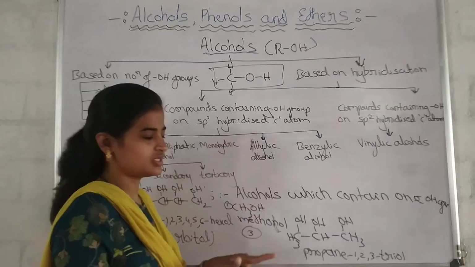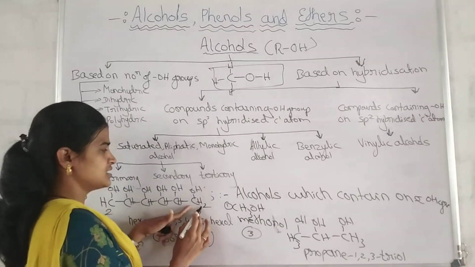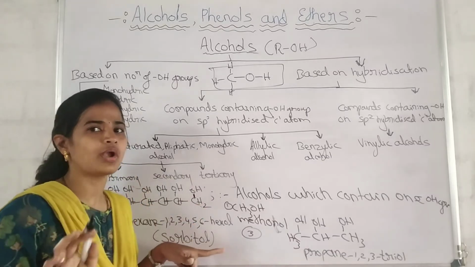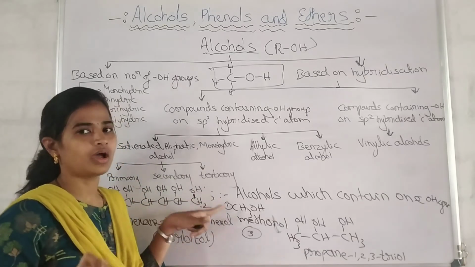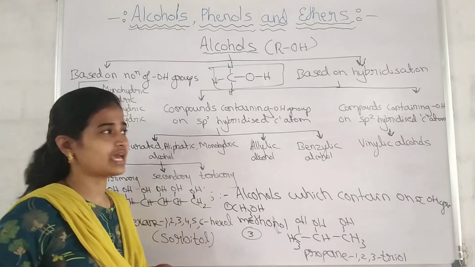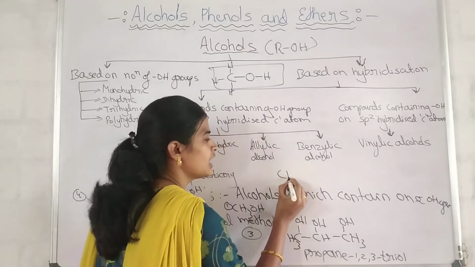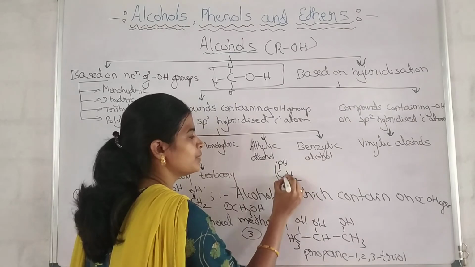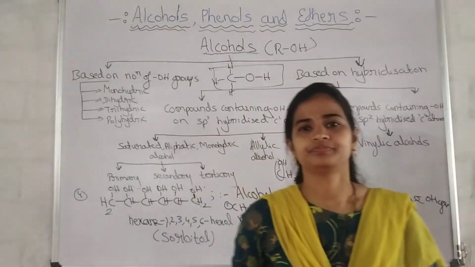You should remember this whenever you are writing the structure. In CH3OH, I have shown the bonding between carbon and oxygen, not between carbon and hydrogen or somewhere else. There is a bond between the carbon and oxygen.